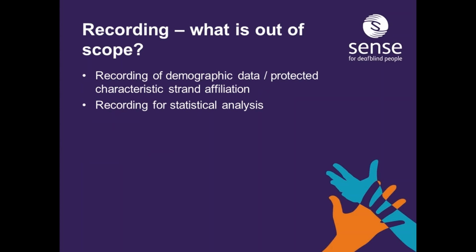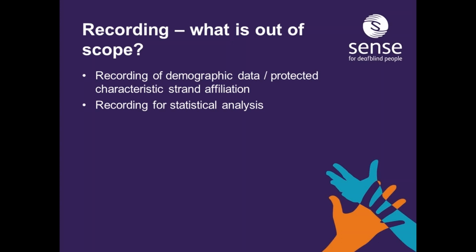Recording of demographic data or protected characteristic strand affiliation. Now, if an organisation fails to record that a person is deaf or deaf-blind, providing the communication and accessible information needs have been recorded, then that's not a problem.